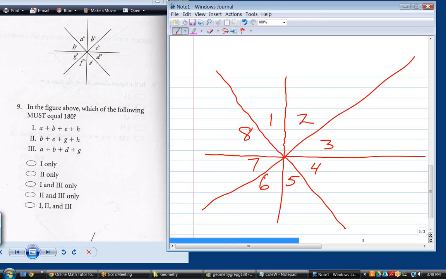So let's look at A, B, E, and H. Well, A is the same as E, but I don't think we can say that A, B, E, and H are equal to 180.